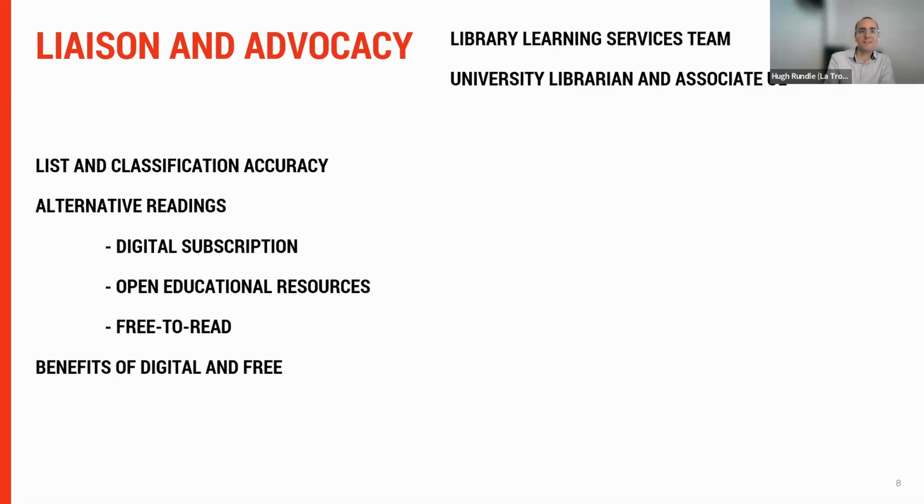Okay, so the other bit is liaison and advocacy, and our learning services team have a very crucial role in digital and free because it's usually them who are talking directly to the subject coordinators. So they've got two main tasks when it comes to this. The first task is quite important, which is to check that the data in Talis is actually accurate.